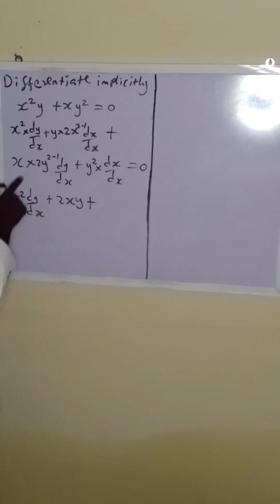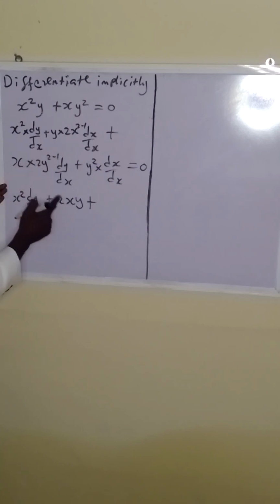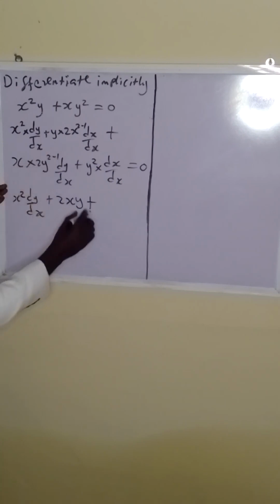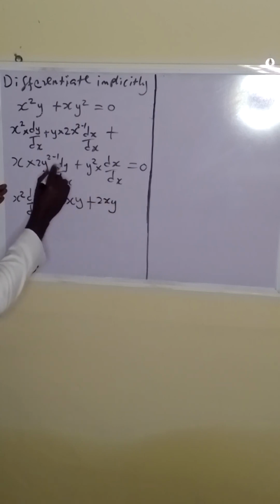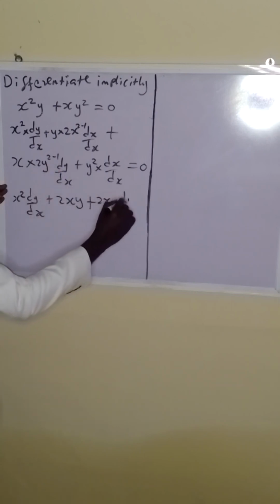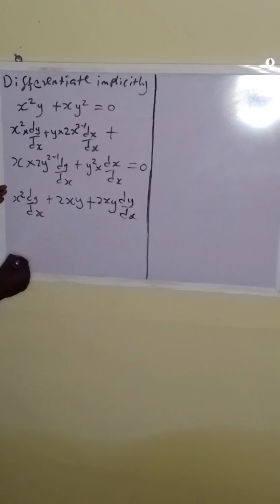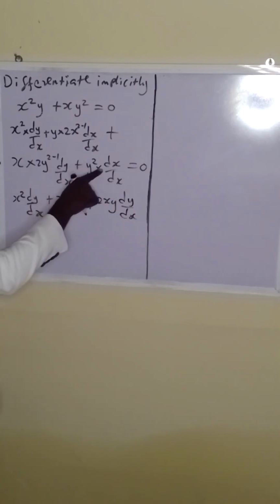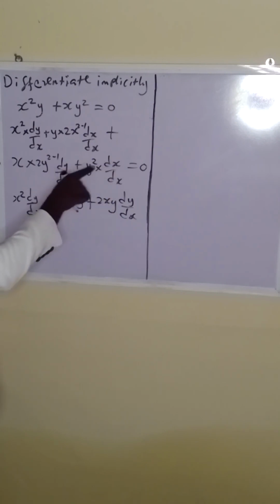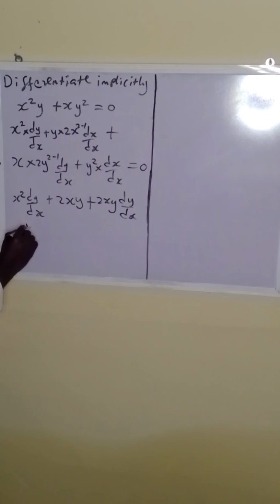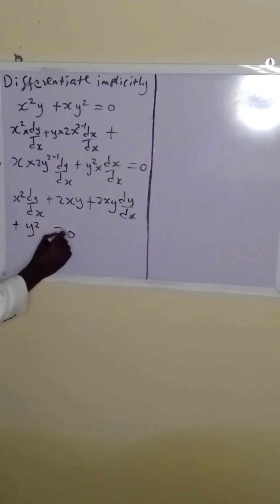Then plus, here we have 2y, 2 minus 1 is 1. So that's the same thing as 2y, then times x, that is 2xy. We will have dy/dx here. Then plus, the last one you have here is y squared times dx/dx. dx/dx is 1. 1 times y squared is y squared. That means we have plus y squared, which is equal to 0.